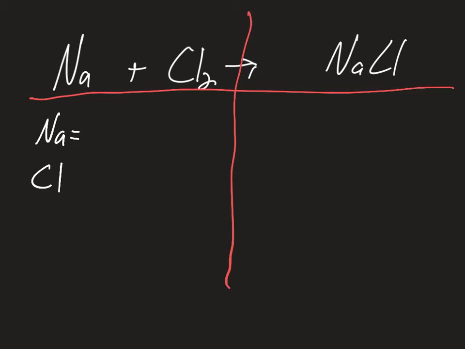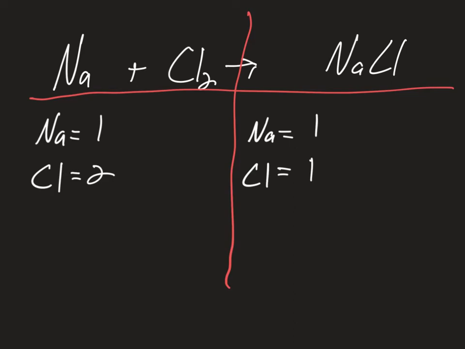I can see that I only have 1 sodium, so I'm just going to write a 1, but I have 2 chlorine. Then on the other side, I should have the same atoms, and so it's a good way to double check to make sure you didn't miss any out of your reactants. Yes, I have sodium, and I have chlorine, right? And if I'm counting, I only have 1 sodium on here and only 1 chlorine on this side. So that means that it's unbalanced because I have more chlorine over here than I do over here.